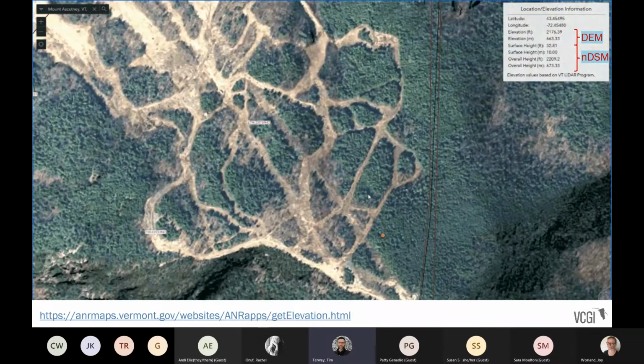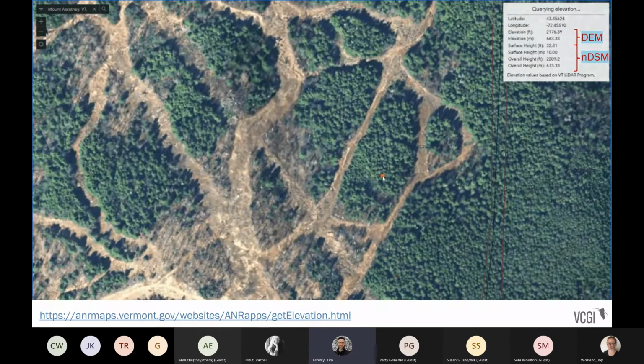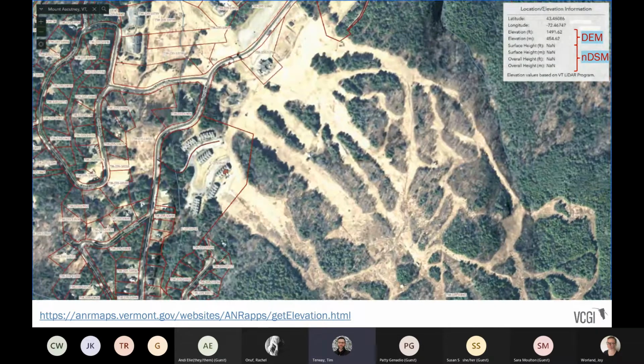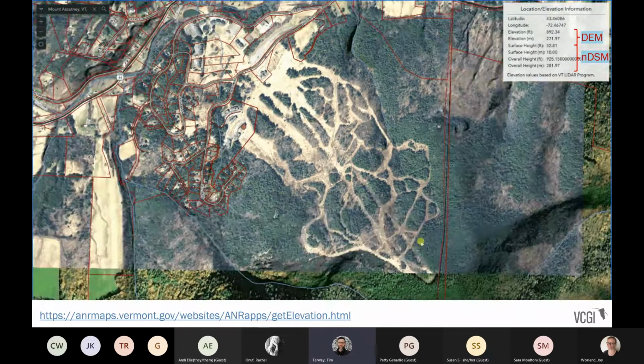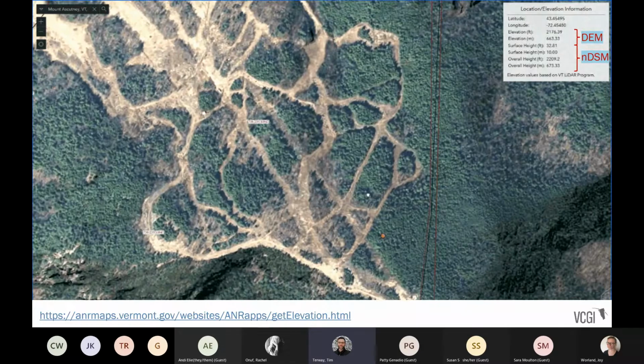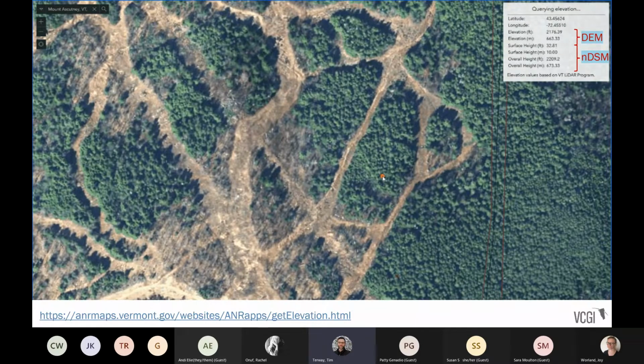Other agencies have made use of our elevation or LiDAR data, such as ANR here. They made a tool called What's My Elevation? And this animation shows you could basically pick any point throughout the state of Vermont. I'm clicking on points there across the map. And up on the right-hand side, the little information box associated with it changes in real time depending on where you're clicking on the map, showing the elevation both of the surface of the earth as well as the top of the trees or the structures as derived from the LiDAR data.